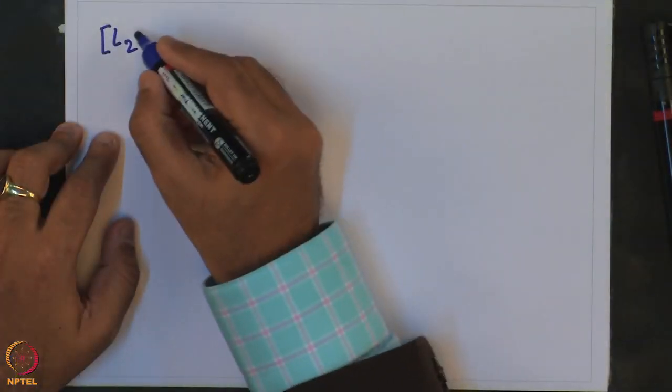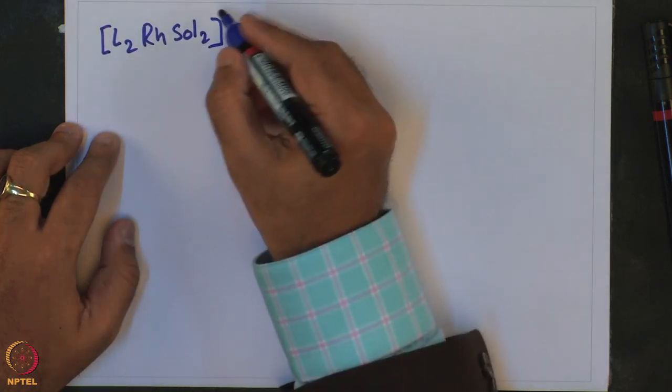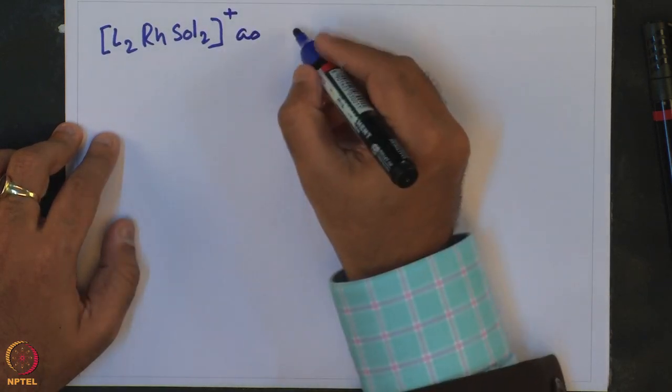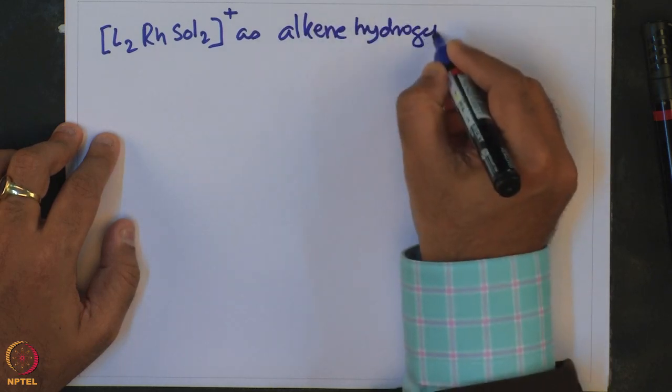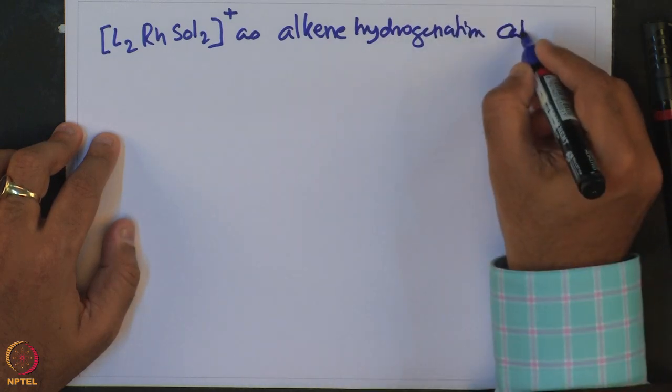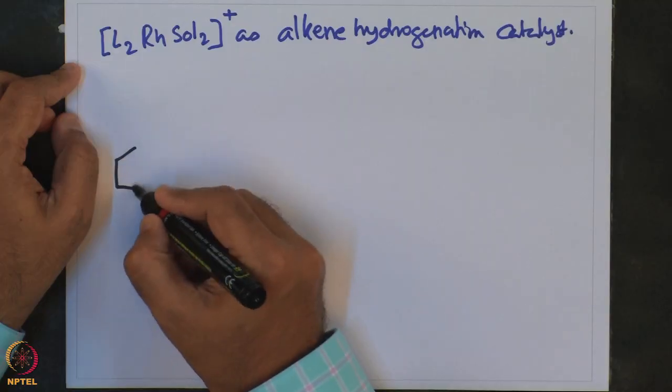Now, in this context of olefin hydrogenation, we are talking today about another catalyst, of the formula L2Rh(sol)2+, which was reported by Schrock and Osborn, as an alkene hydrogenation catalyst. The catalytic cycle is given here.